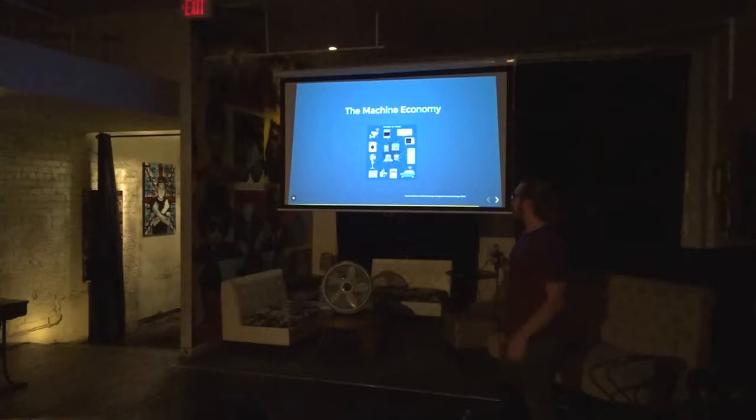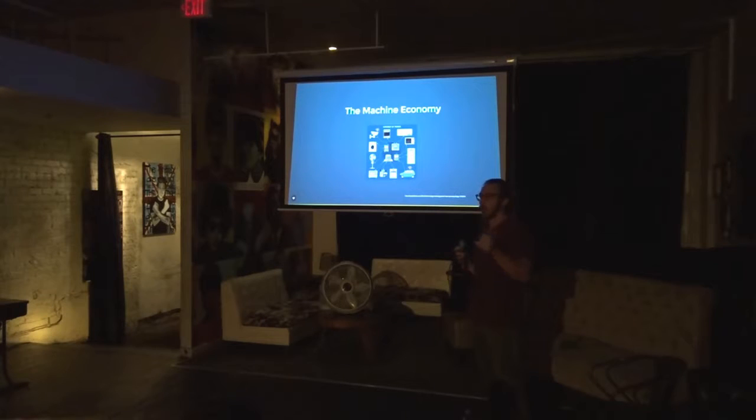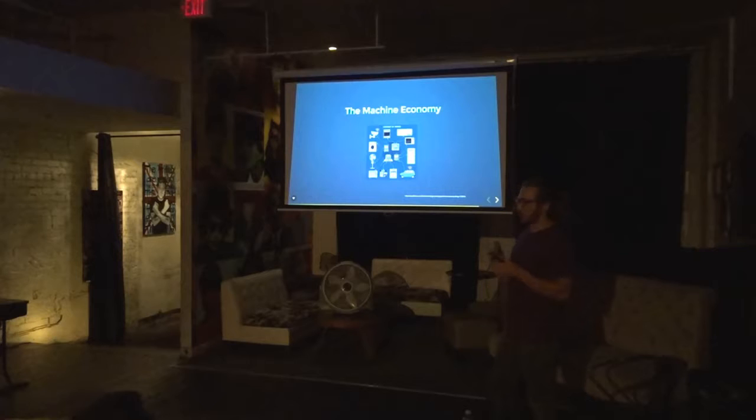Finds the nearest charging station, lands on the charging station, enters into a financial agreement, a contract with the charging station, and now pays microtransactions to the charging station for every unit of energy transferred to the drone. The drone now has entered into another financial contract and is transferring value to some other entity.